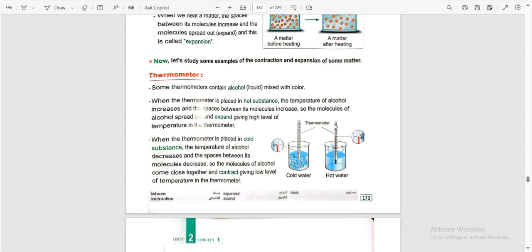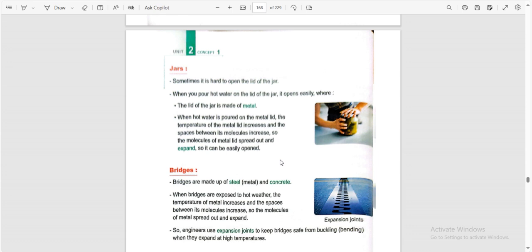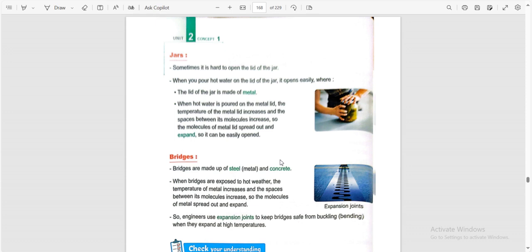So this means it expands and contracts. Its size increases and it decreases. So this change in size is due to the change in thermal energy. Another very, very important usage of thermal energy is jars.